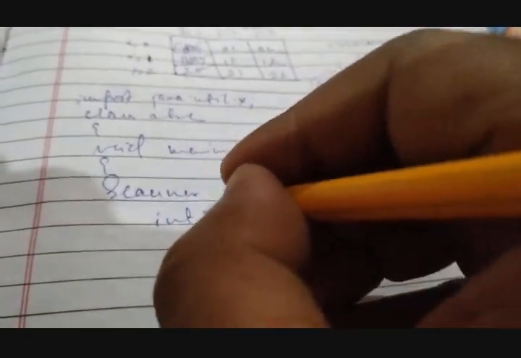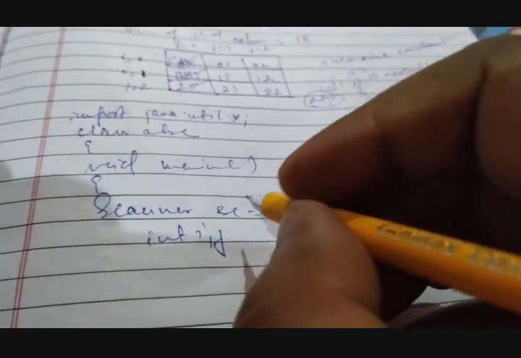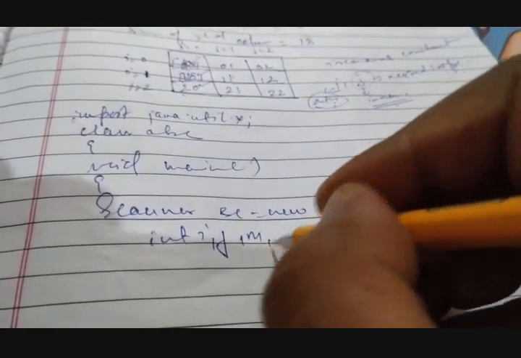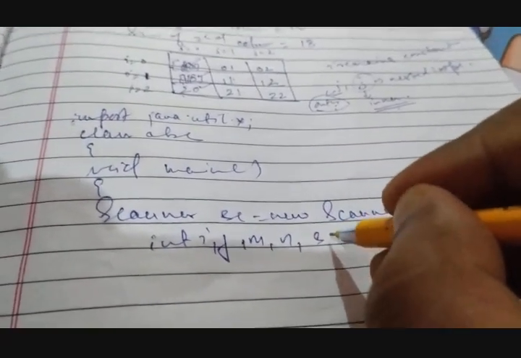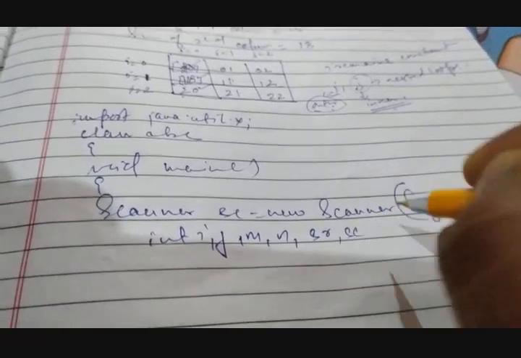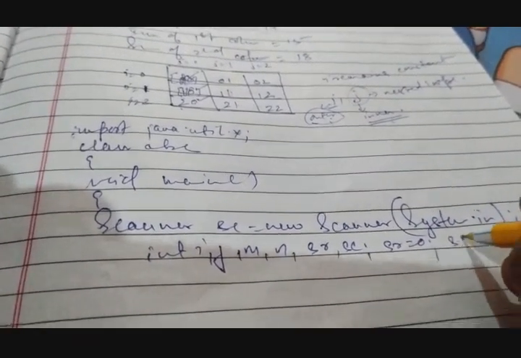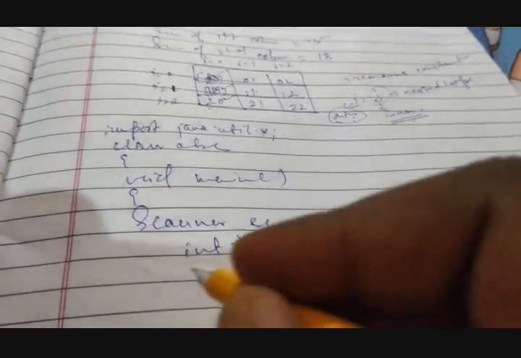You need int i, j and m, and sum of rows and sum of columns. So sum of rows equals 0, sum of columns equals 0.